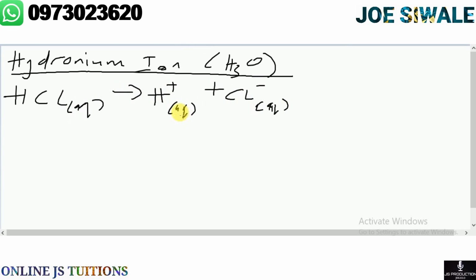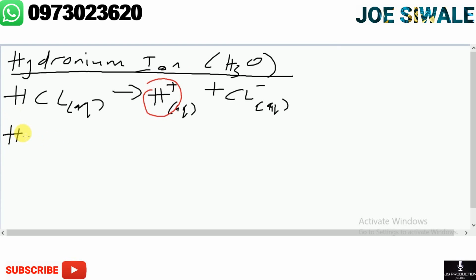So this is the process of ionization, but this hydrogen which is here will quickly combine with the water molecules, and when it combines with the water molecules, a hydronium ion will be formed.